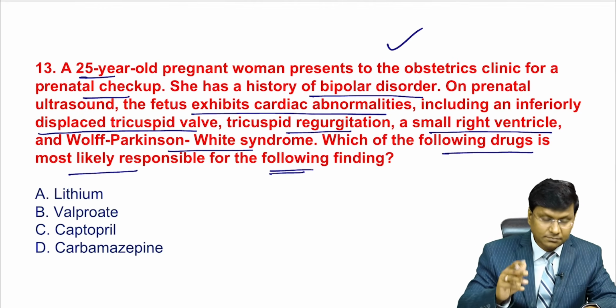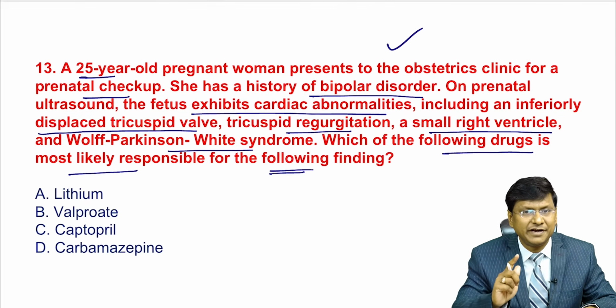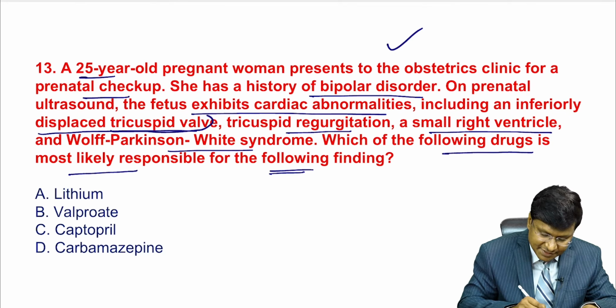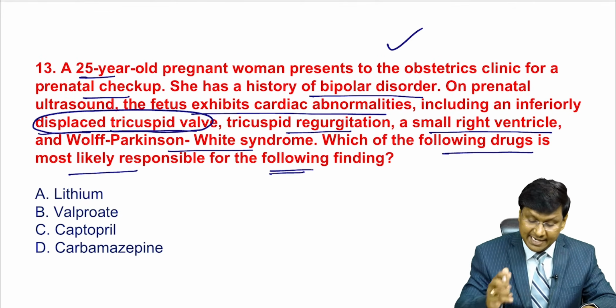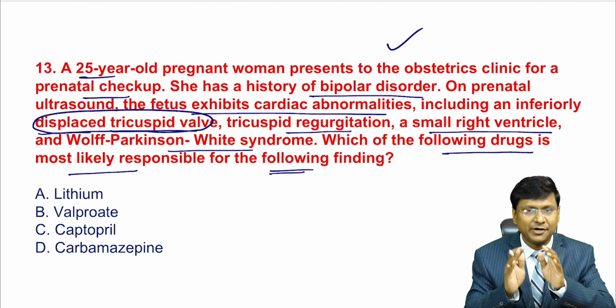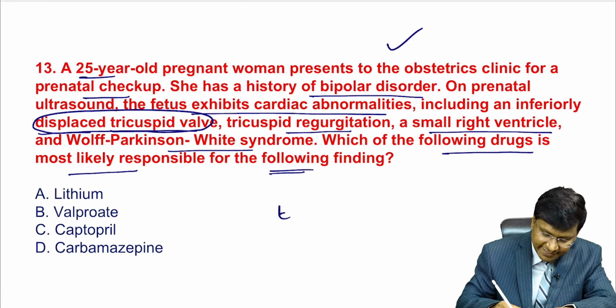So this is in case of 25-year-old pregnant women having bipolar disorders. There is distal displacement of the tricuspid valve. So all these points, and one more important point is WPW syndrome is present. So all these points are suggestive of the Epstein's anomaly.